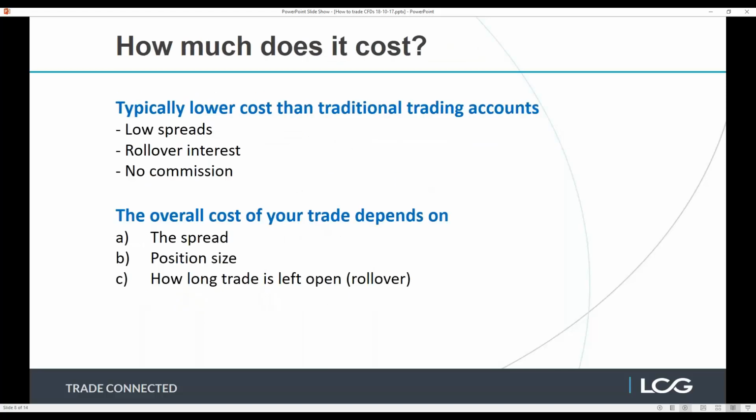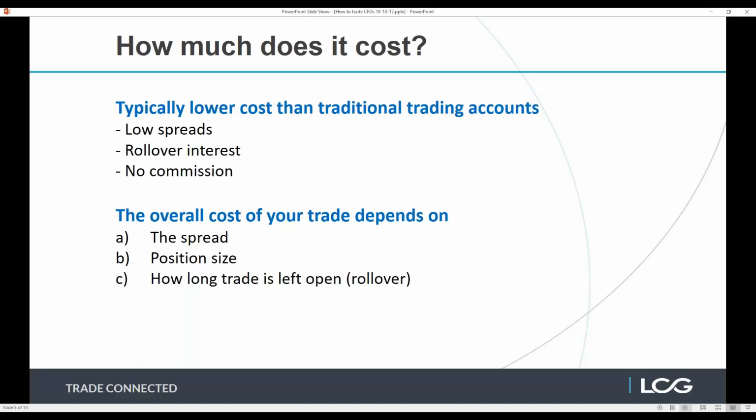So in terms of cost, typically a lower cost than traditional trading accounts because again, you're not paying that commission and the spreads are normally pretty tight. There is a rollover interest which can be a big consideration if you're someone who's planning on a very long-term investment.